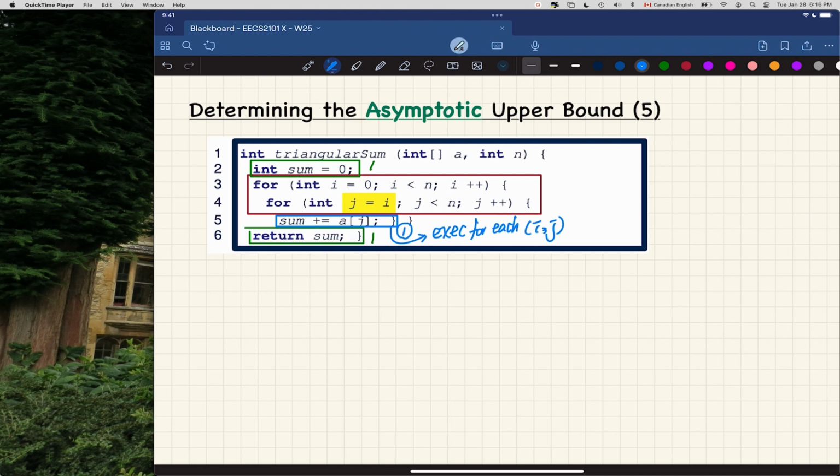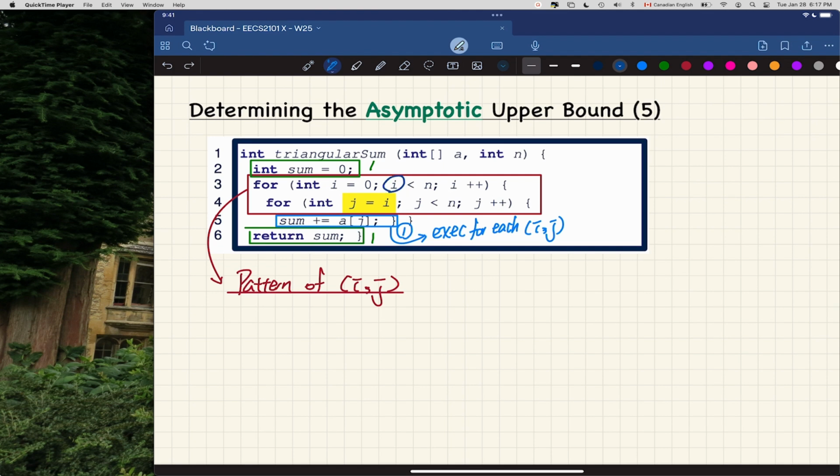Let's now try to observe the pattern of i and j. Since the outer loop has i, we're going to start with i. That's the first dimension. i will be from 0 all the way to n minus 1, the same as before. That one's straightforward. I'm going to use blue for i and purple for j.